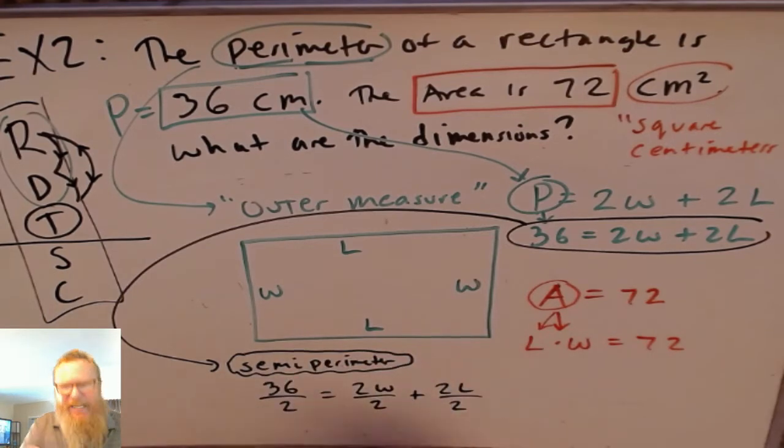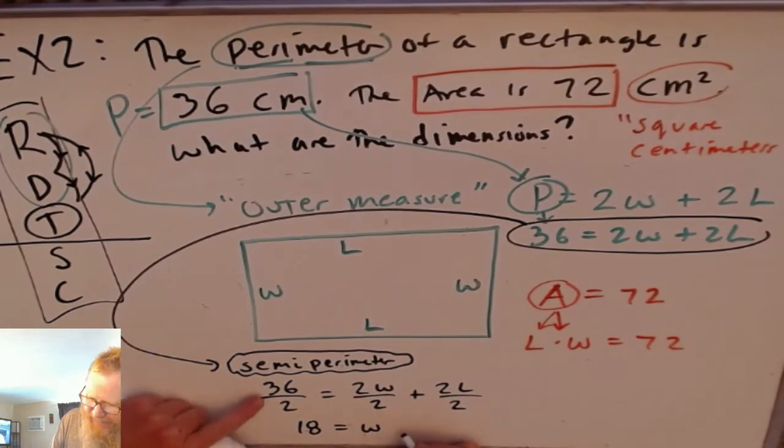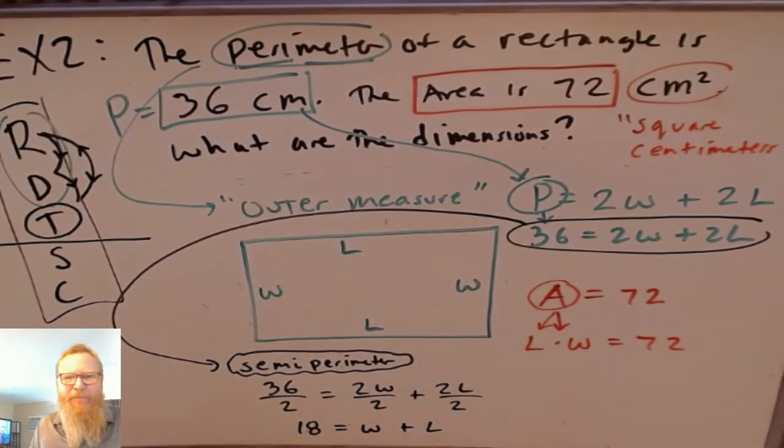We call that the semi-perimeter. It's essentially half the perimeter. In fact, it is half the perimeter. Sometimes this gets messy if the perimeter is odd, but I picked one where the perimeter is even, so the semi-perimeter is nice.